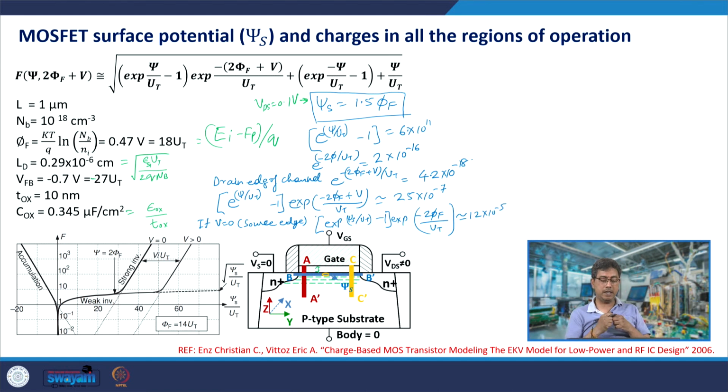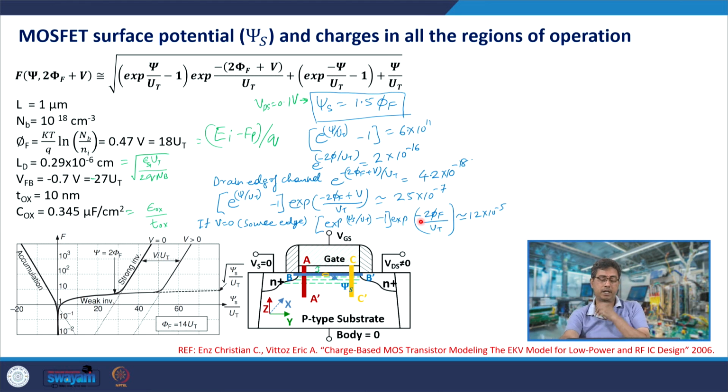So, as you can see, as we move from source edge of the channel towards drain, for the value of local surface potential increasing by just 0.1 volts, there is almost a 2 orders of magnitude increase in the value of the first term, which represents electron charge per unit area.